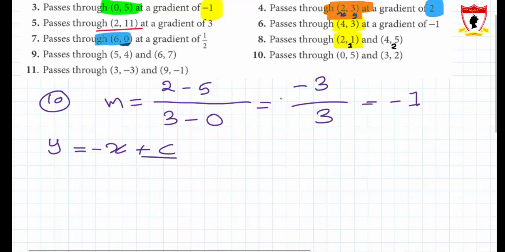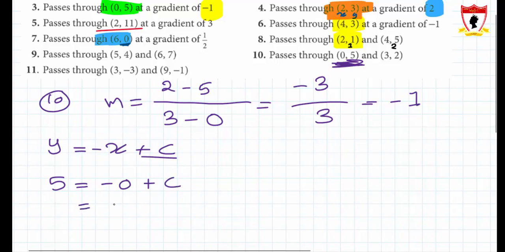To find c, we use any of these 2 points. This one looks easier. Let's use 0, 5. We're going to put 0 in place of x and 5 in place of y. Let's see what we get. Then 5 in place of y, 5 equals negative 0 in place of x plus c.